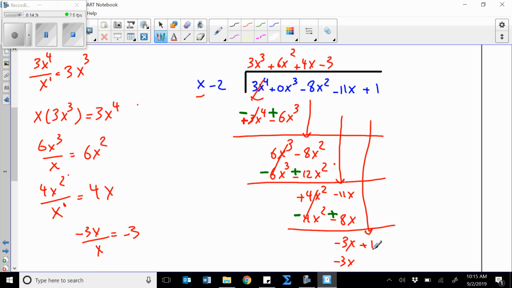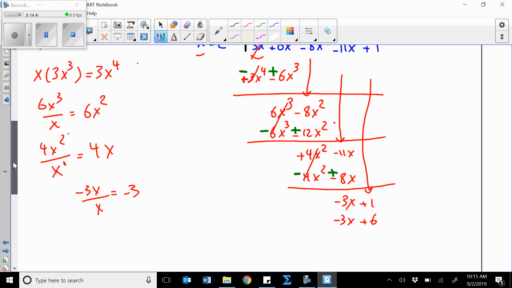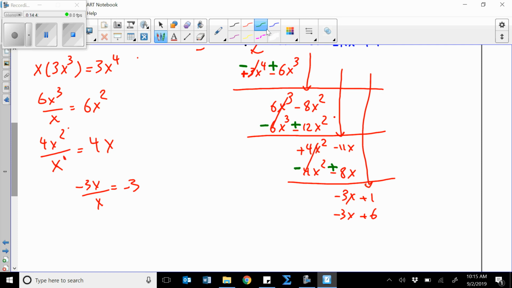And multiply by negative 2, it's positive 6. Then we need to subtract, so we change the signs. This will be positive and this one negative. Now we just do the operation. Negative 3x and positive 3x, just 0. 1 and negative 6 is negative 5. So this will be our remainder.